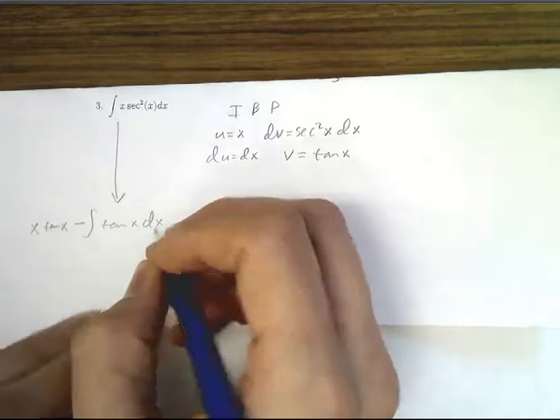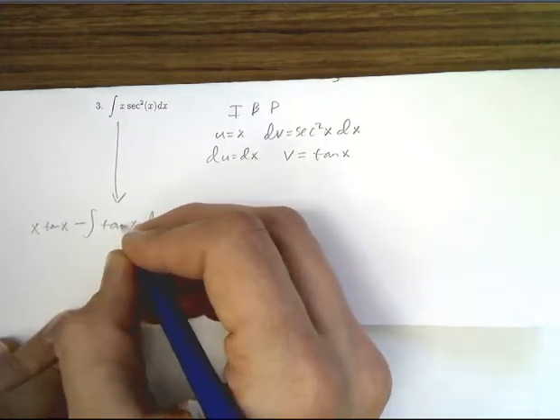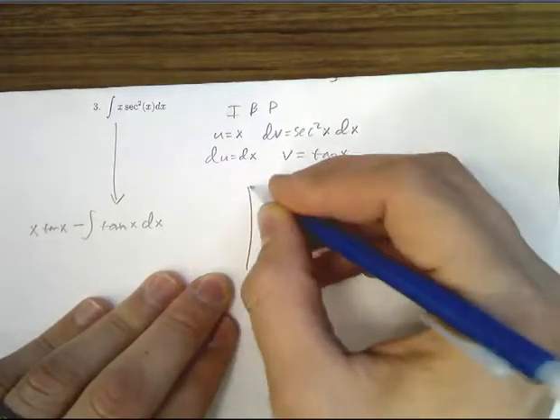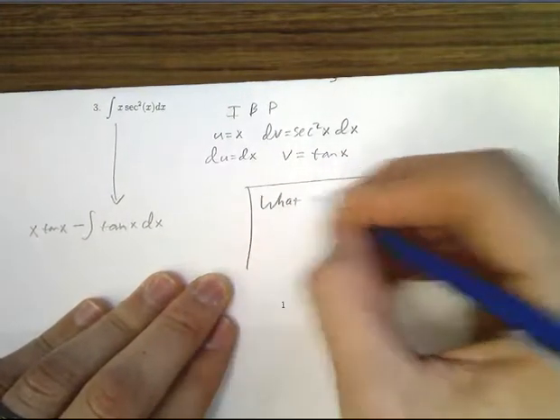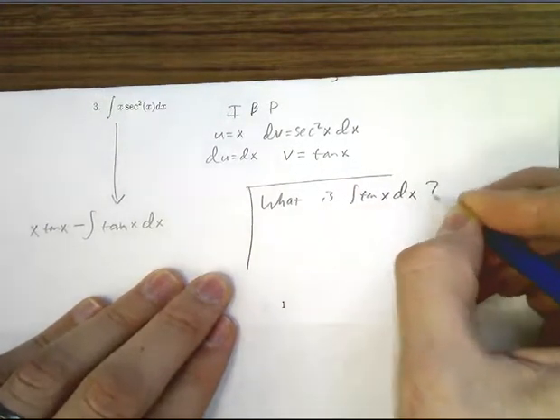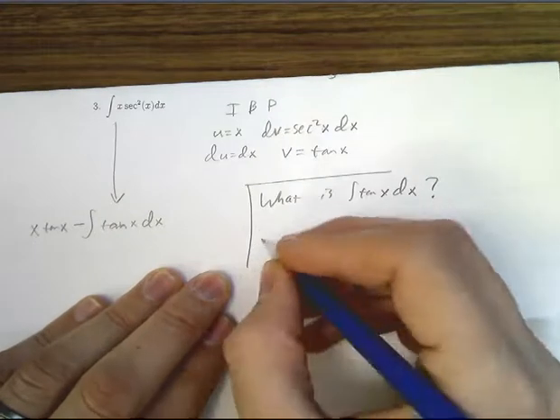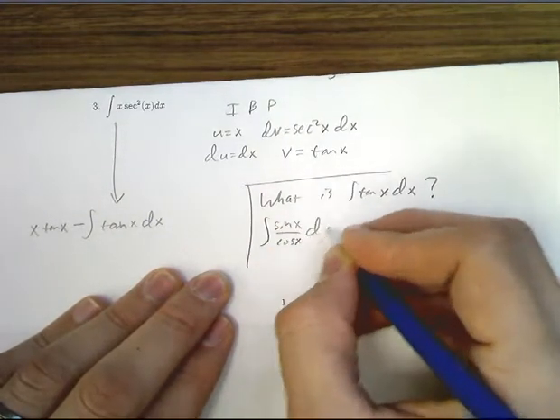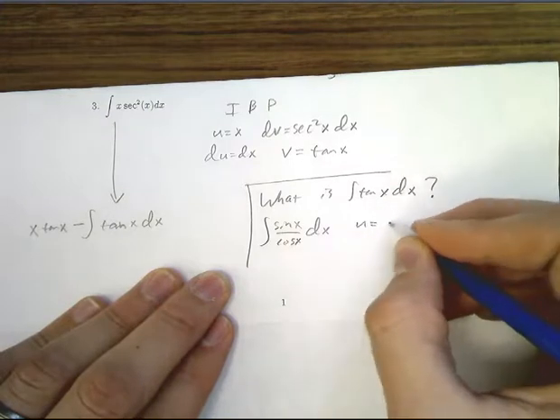Now you should have the integral of tangent x memorized, but if you don't, you can figure it out. You write it as sine x over cosine x. Let u equal cosine x.